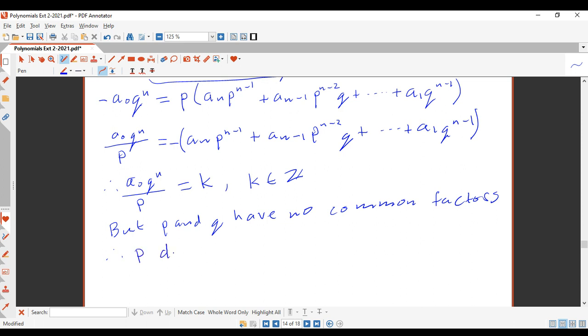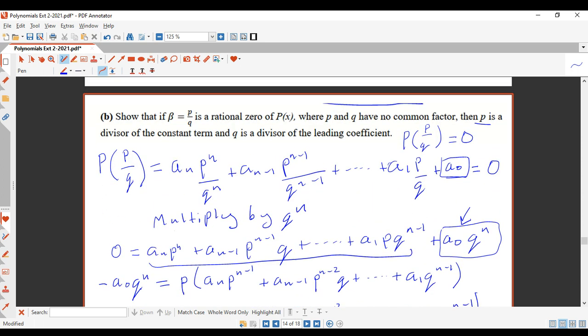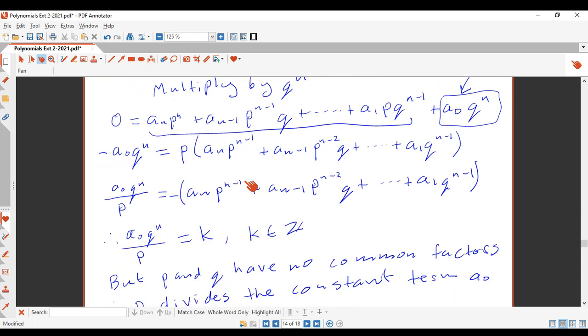Therefore p divides the constant term a naught. Okay, now that's one part of the proof, because the other part was to prove that q is a divisor of the leading coefficient. Okay, so q is a divisor of the leading coefficient.